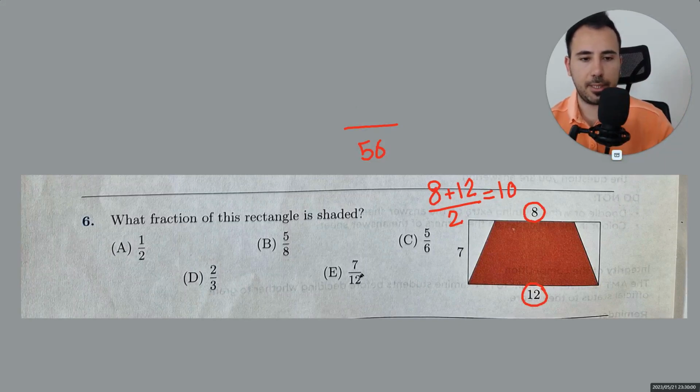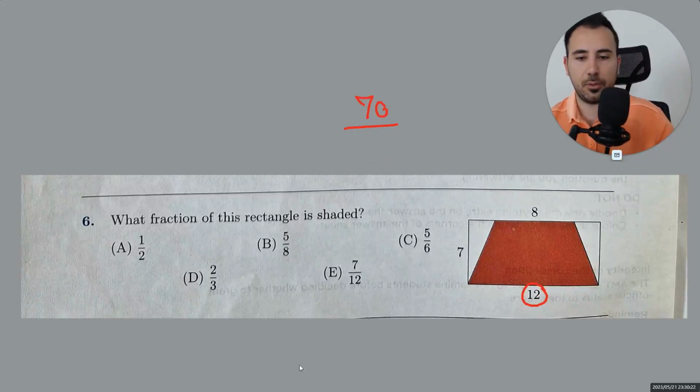I made a mistake. As I said, the area of the trapezoid is going to be 10 times 7, 70. But I calculated the area of the rectangle wrong. I multiplied 8 by 7, which is not true. The area of the rectangle is 12 times 7.